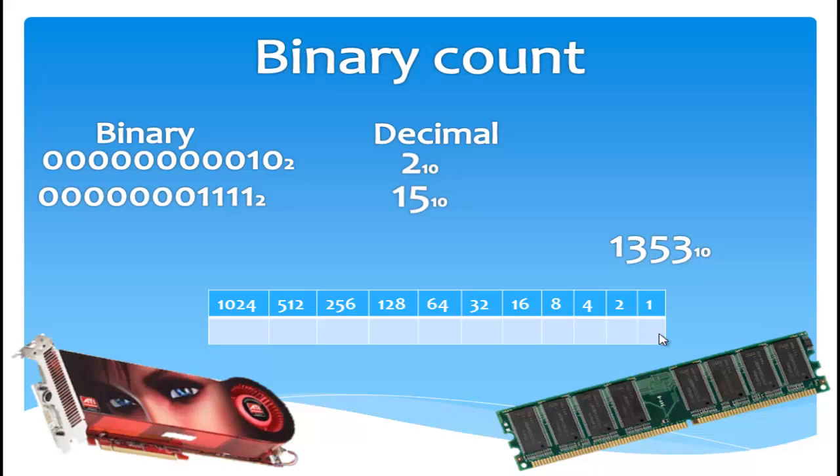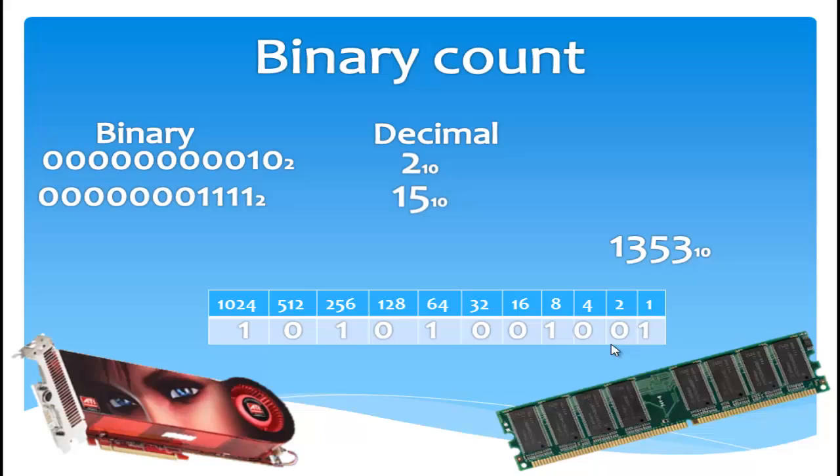And one more example just in case. What if we want to represent the number 1353 in the decimal system? In this case, we're going to be using the 1024 place, 256, 64, the 8 and the 1.